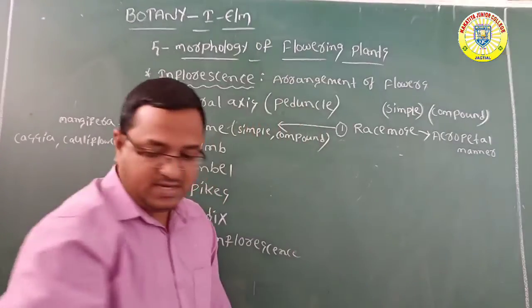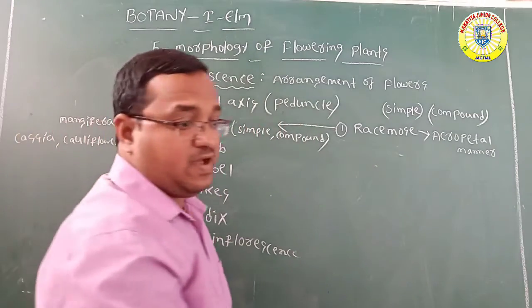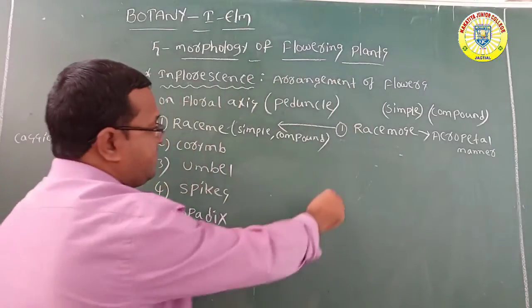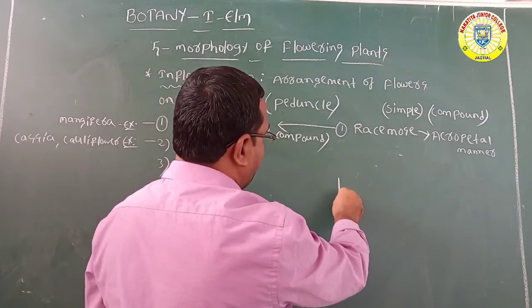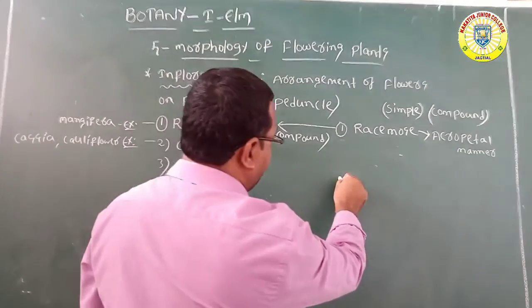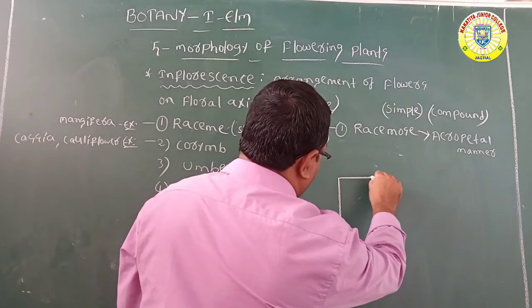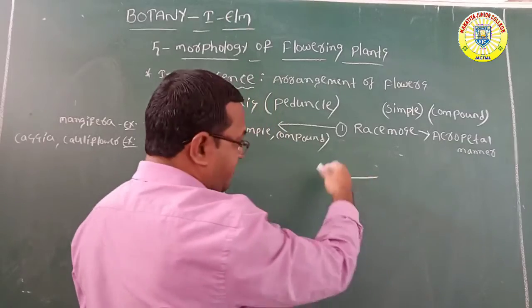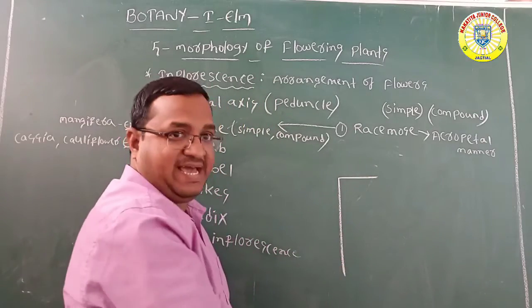Umbel means all flowers are arranged at the end of the floral axis. This is the floral axis, the peduncle.